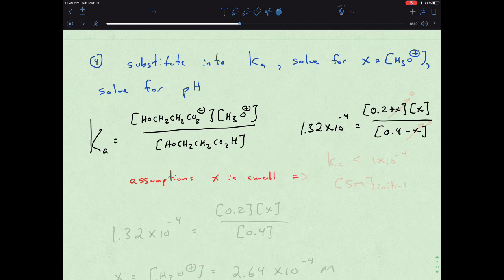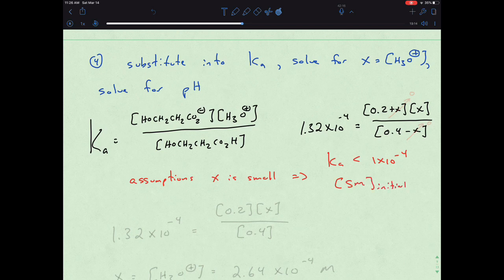Right, we do have a Ka less than 1 times 10 to the negative fourth. Granted, it's actually a little bit greater than 1 times 10 to the negative fourth, but it's right on that cusp or that plateau. So we're right in the ballpark, and we have an initial starting material concentration.